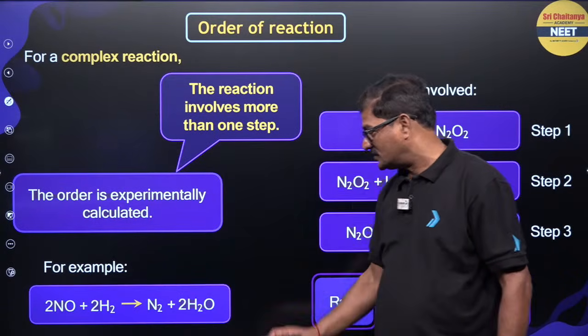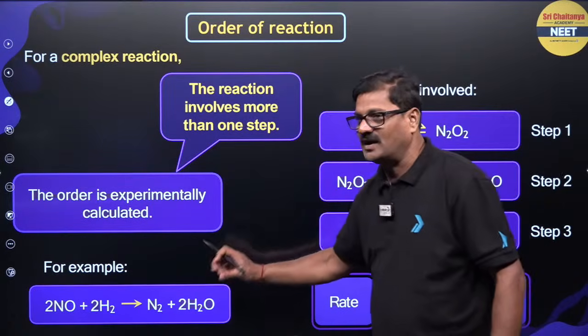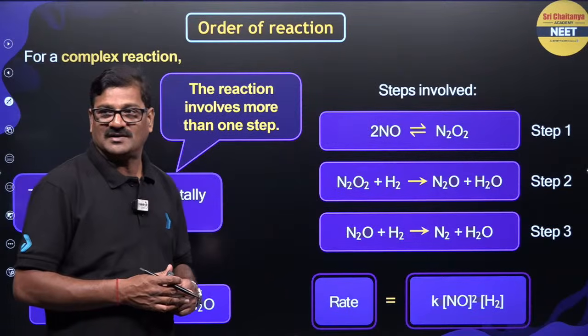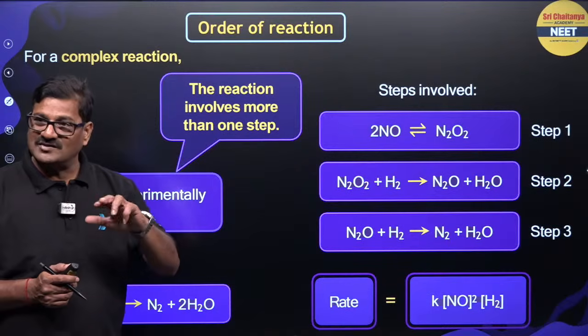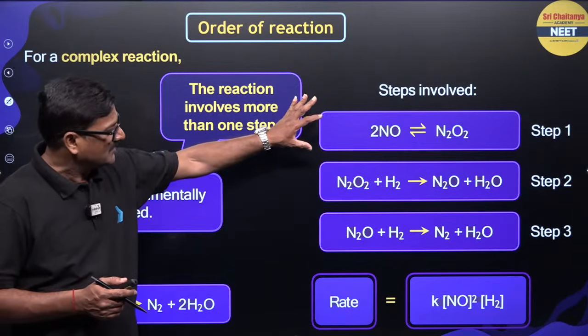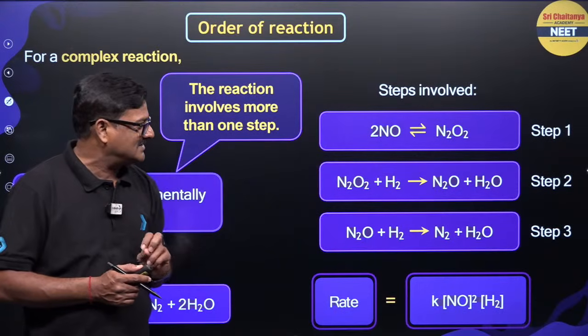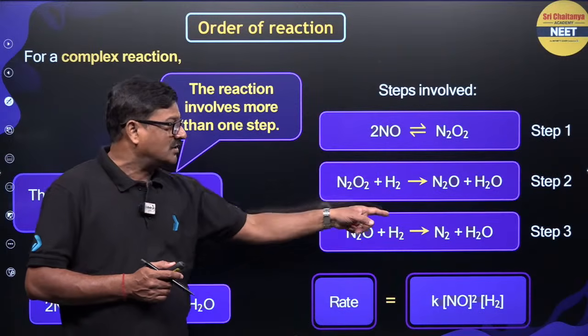For example, 2NO plus 2H2 gives us N2 plus 2H2O. There are step 1, step 2, step 3. Step 1, NO is going to give N2O2 hypothetically, and N2O2 H2 पकड़ के N2O बनेगा, laughing gas, and H2O, and N2O फिर H2 बन के N2 and H2O बनेगा.